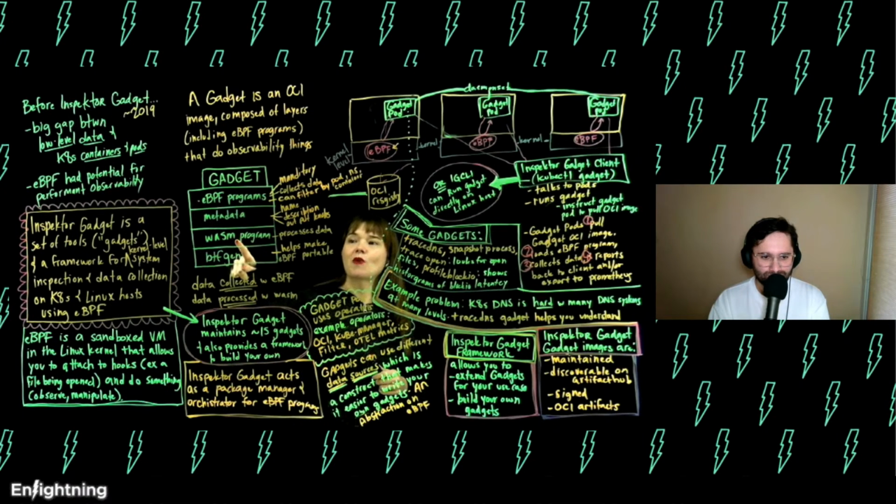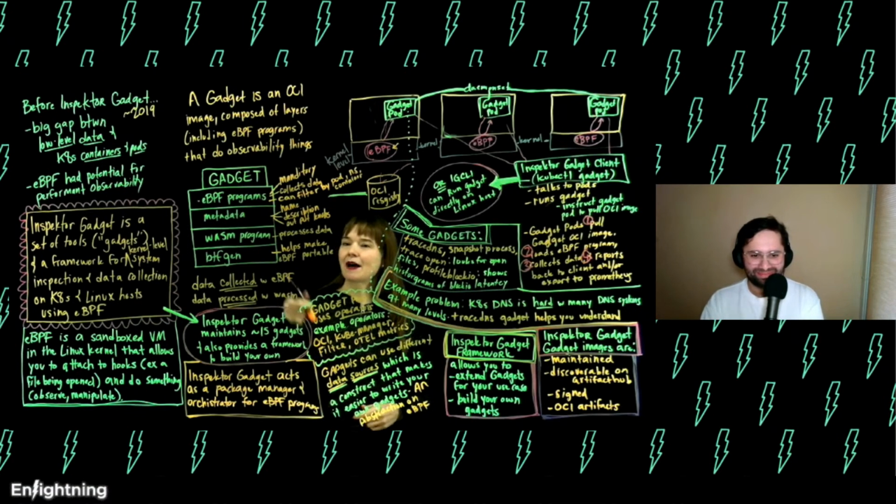There's also the WASM program, which helps process the data. And then there's BTF Gen, which I'd never heard before today, and that helps make the eBPF portable, which is a big problem. So Inspektor Gadget acts as a package manager and orchestrator of eBPF programs. That was a problem that hadn't been solved before, making the eBPF program portable. So that's cool.